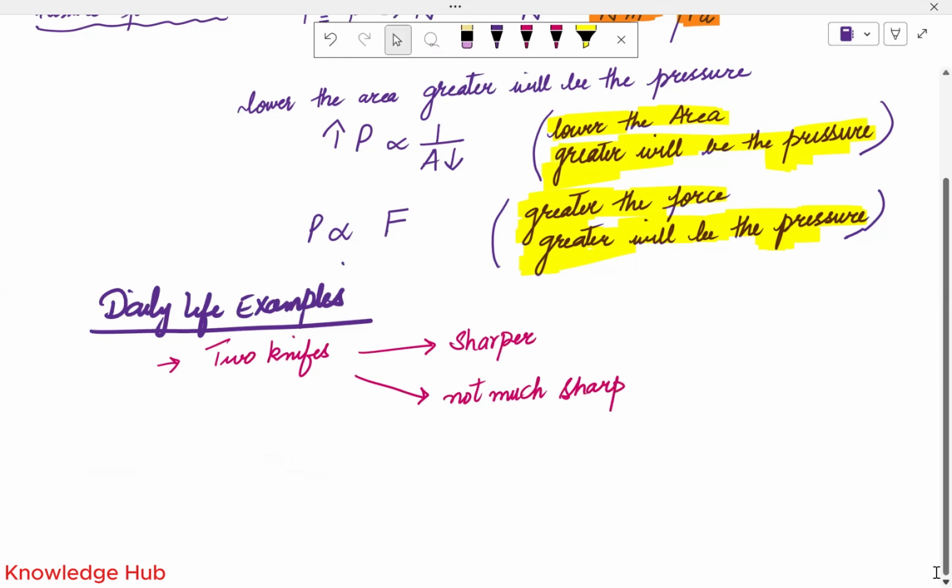Which knife would exert more pressure? Definitely, the sharper knife would exert more pressure.